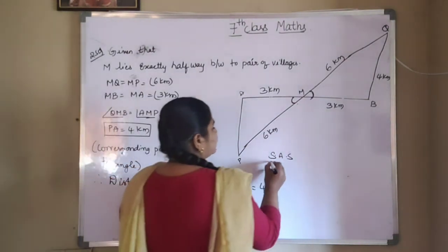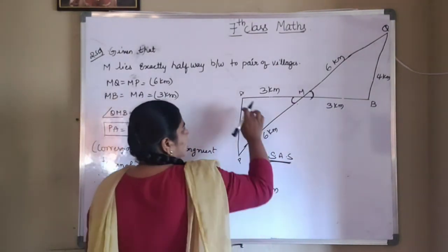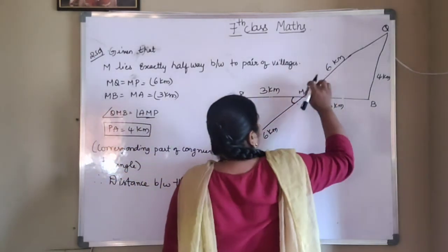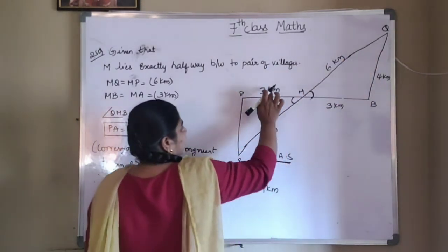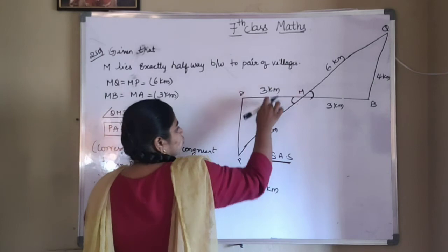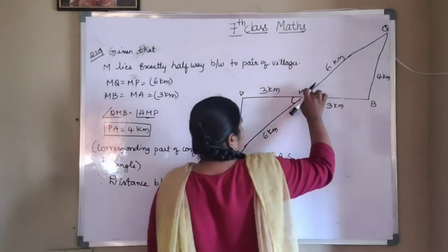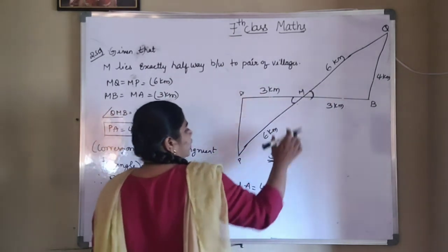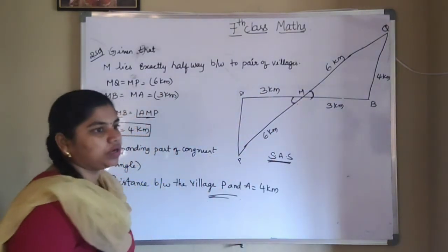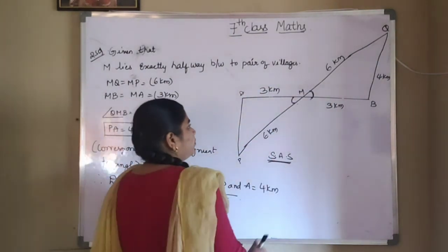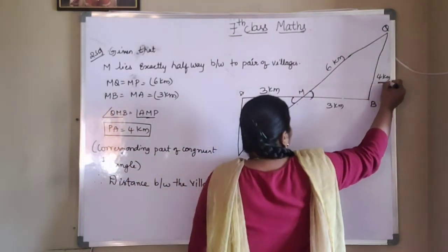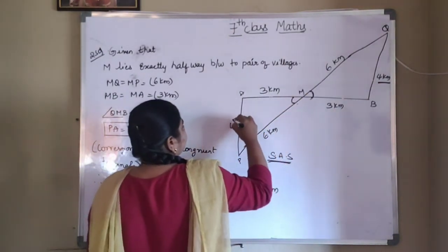So by using SAS congruency, you can tell these two triangles are congruent to each other, by using SAS, two sides and the included angle. So that means if it is 4 kilometers, this will also be equal to 4 kilometers.